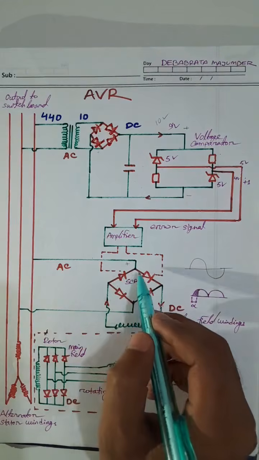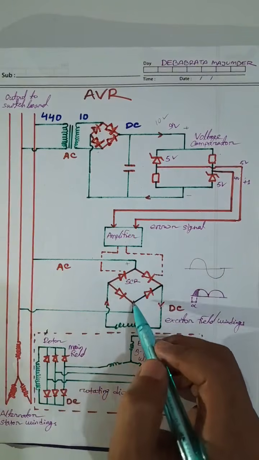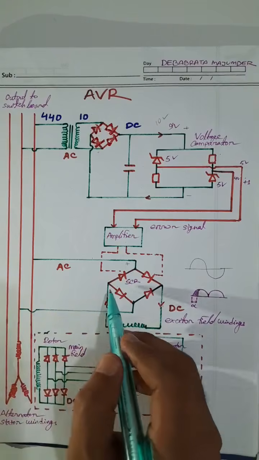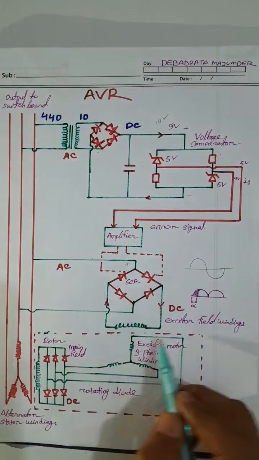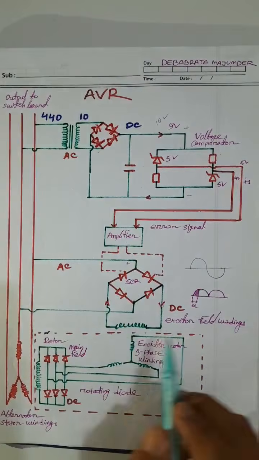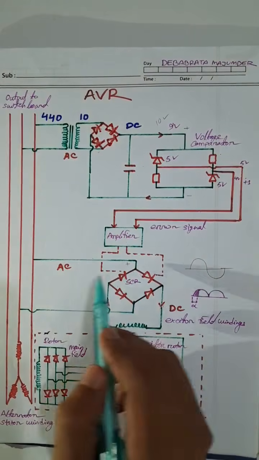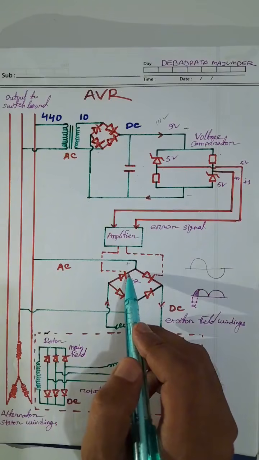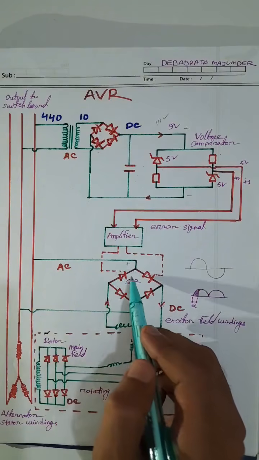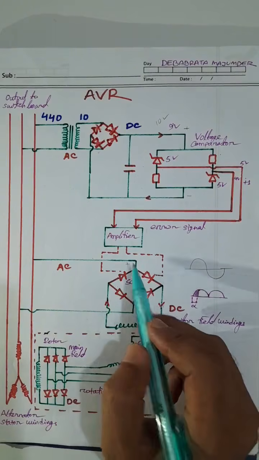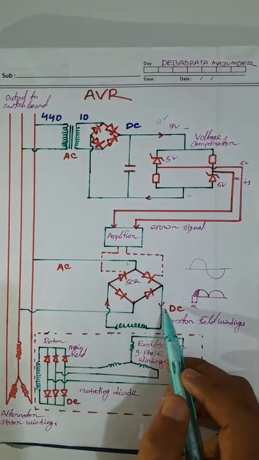We can see that two diagonals are connected to the AC signal and two diagonals are connected to the exciter field windings. This is one type of thyristor. This converts the AC signal into a DC signal.